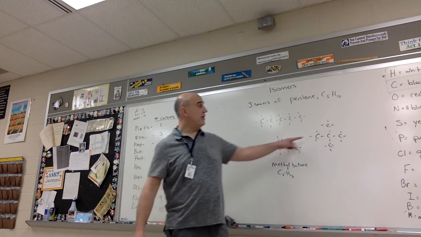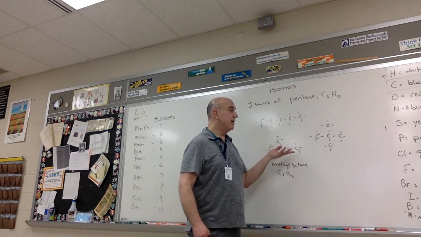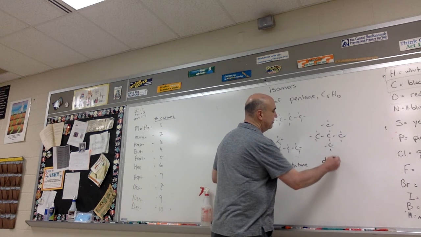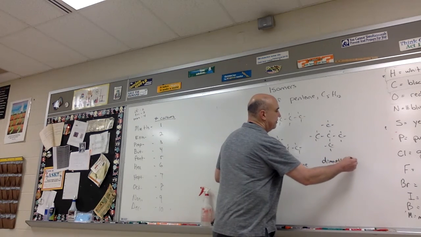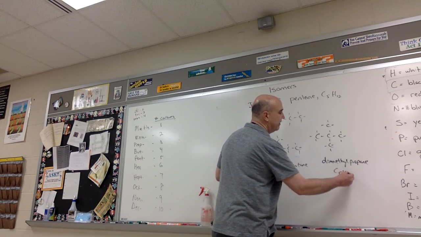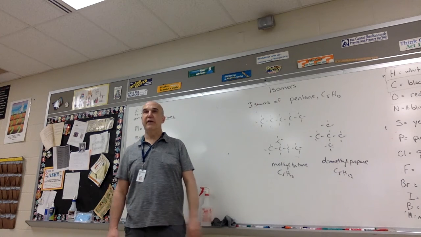Just 3, right? It doesn't matter which direction I go, it's 3. So it's going to be a propane, right? And it's going to be a di-methylpropane, but if you count everything up, it's still C5H12. So those are all isomers of each other.